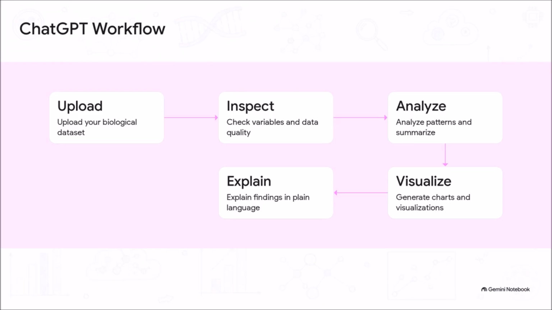Step 4, have it generate charts and basic visualizations based on those exact patterns. And finally, Step 5, and guys, this is where ChatGPT truly shines, ask it to explain those findings in plain language. You can take a raw, dense biological data set and literally walk it step by step through inspection and analysis, all the way to a beautifully drafted explanation that's ready for your next presentation or paper.